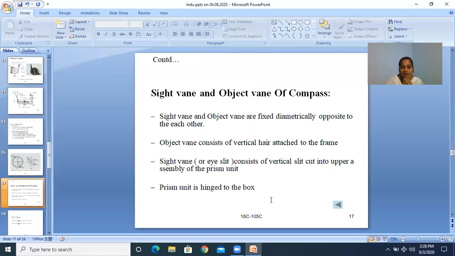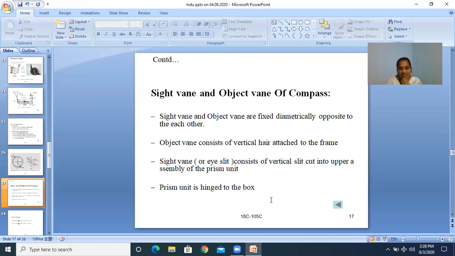Sight vane and object vane are fixed diametrically opposite to each other. The object vane consists of vertical slits or vertical hairs attached to its frame. The sight vane or eye vane or eye slit consists of vertical slits cut into the upper assembly of the prism unit.